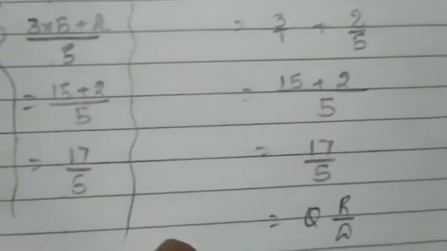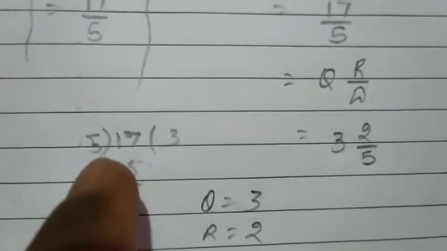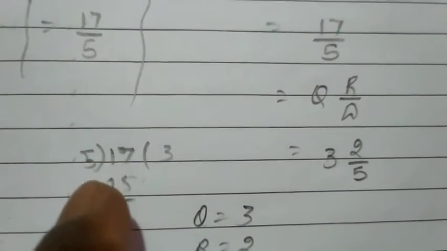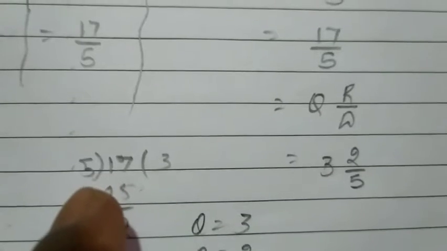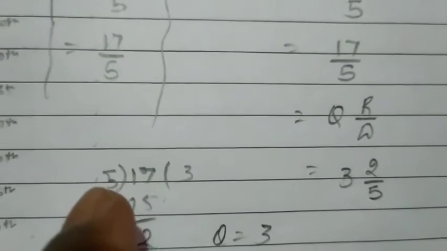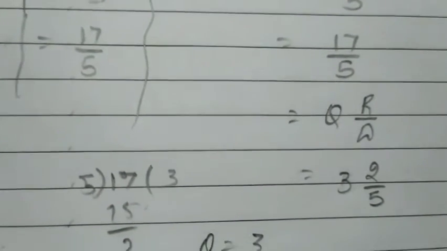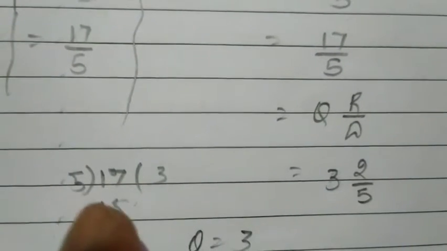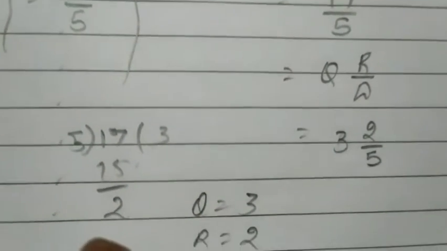How is it done? You can see, when we divide 17 by 5, there is no chance that 17 will come in the table of 5, so we cannot do complete division.